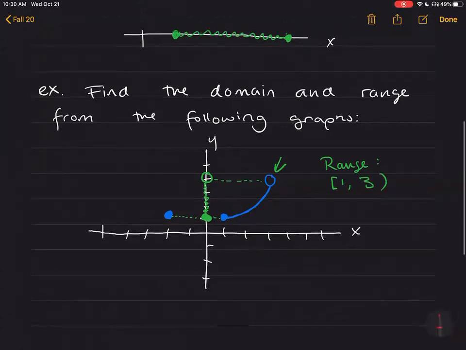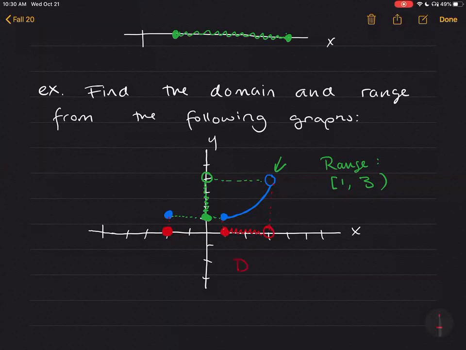And then let's look at our domain. If we do the same thing, we squish it down to the x-axis. We get a solid point right here, a solid point right here, everything up to this, and then just like the range, we have a hole here again because of that hole there.